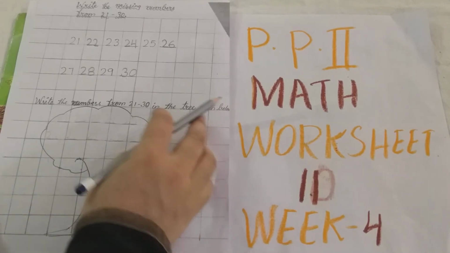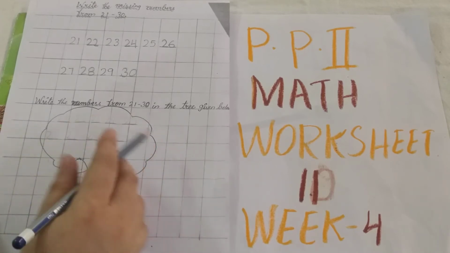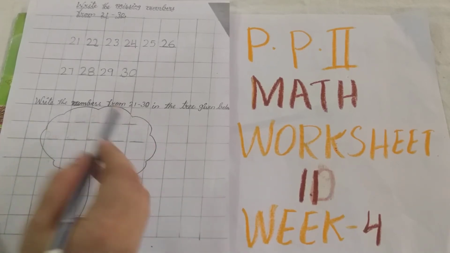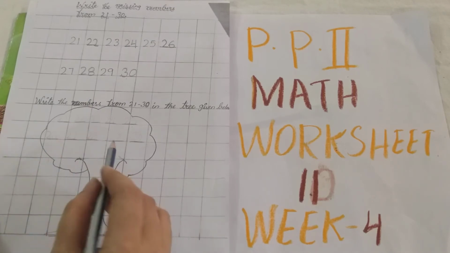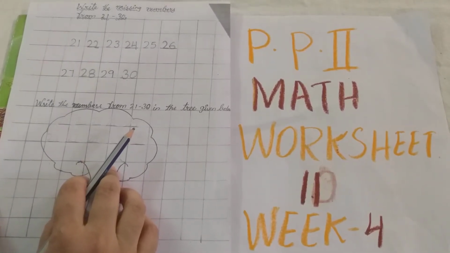Wow! What do you have to do here? In the tree, I have given you dash, dash, dash. In those dashes, what do you have to write? You have to write the numbers from 21 to 30.